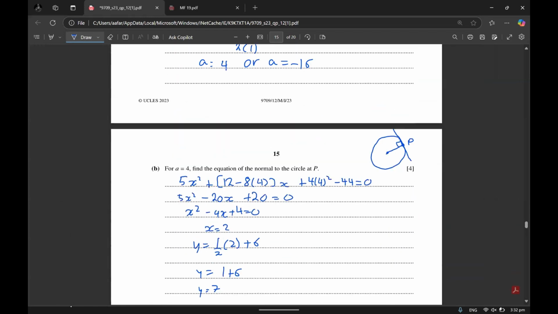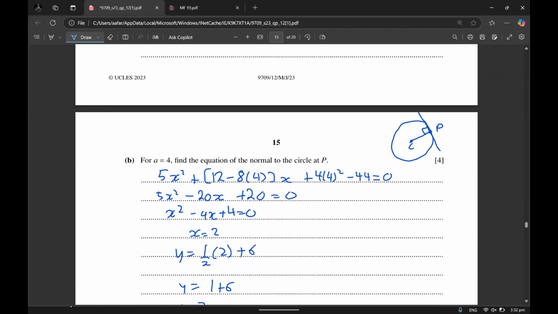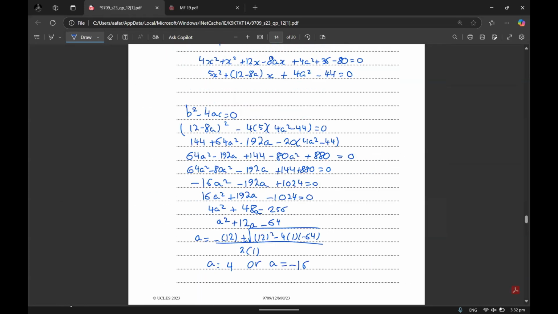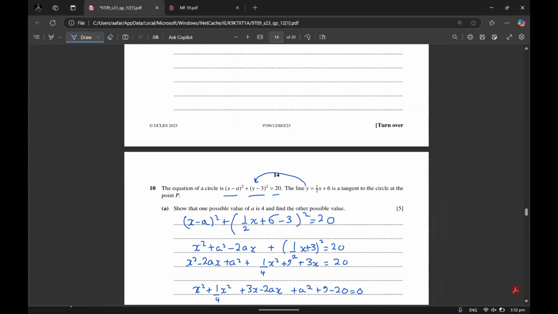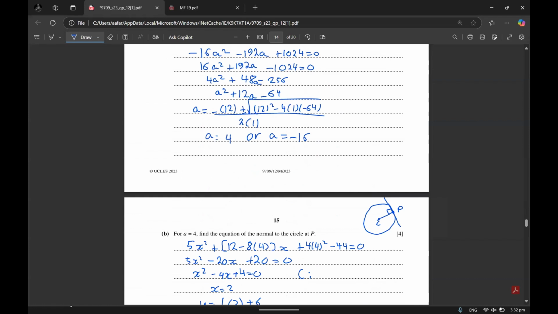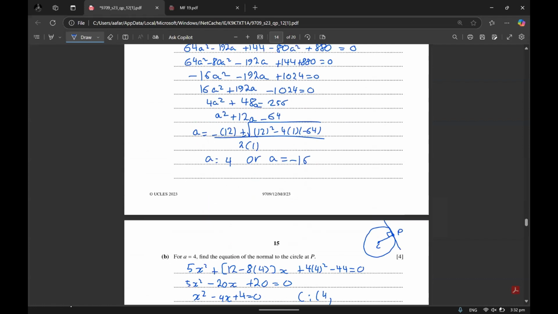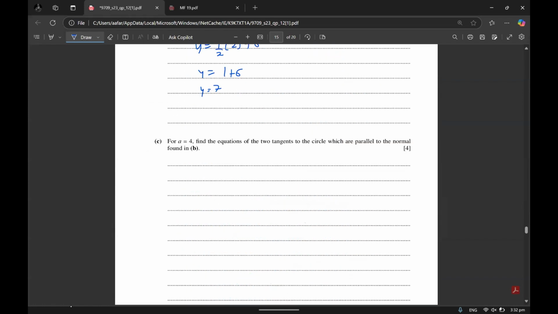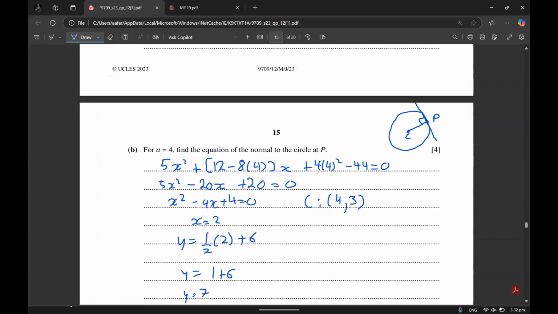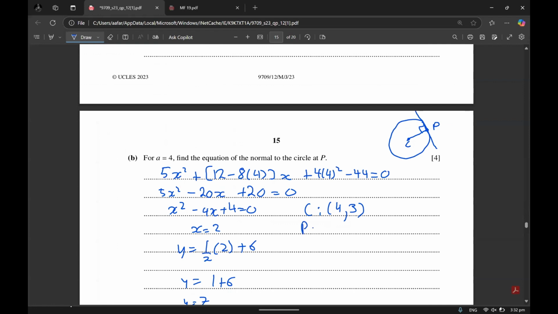So we just find the gradient of this line, which is CP, and we'll take the value of C from the circle equation. A is 4, right? So x minus 4, so C is basically 4 and 3, y minus 3, so y will be 3. That's how we find the gradient, y2 minus y1, and for P we have the coordinates 2 and 7.